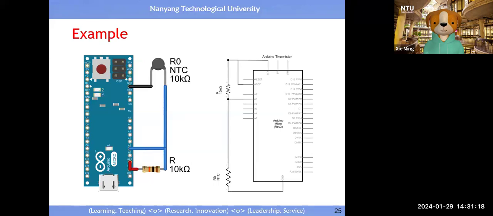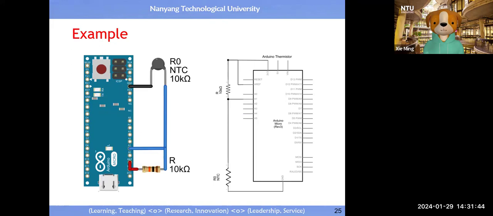And once we are able to relate temperature to resistance, then how to interface it with the microcontroller? Actually, this gives you an example of interfacing a thermistor with a microcontroller, but this one is not an example of ARM Cortex, it's Arduino, right?